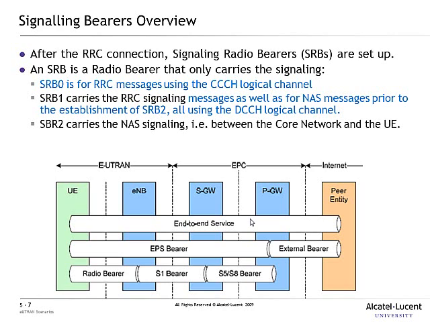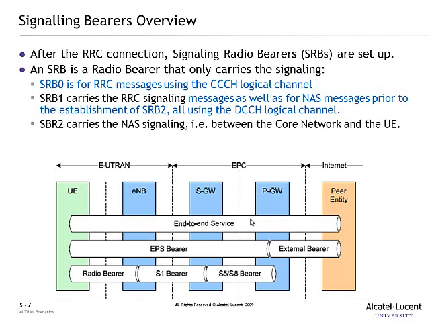Okay. Now we've seen this diagram describes the endpoints and the intermediate nodes in a communication. So at the end of the day, a UE is communicating with some peer entity. The peer entity could be a server, or the peer entity could be a person, and you have some end-to-end service established between the UE and the peer entity.